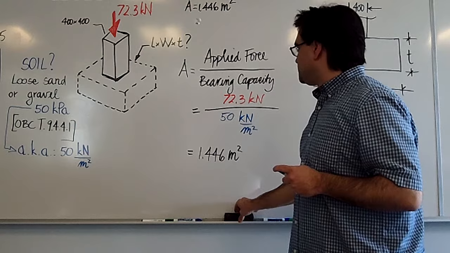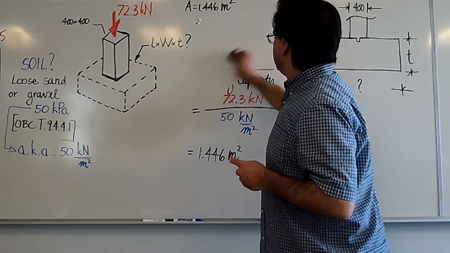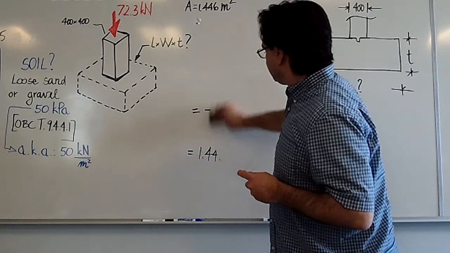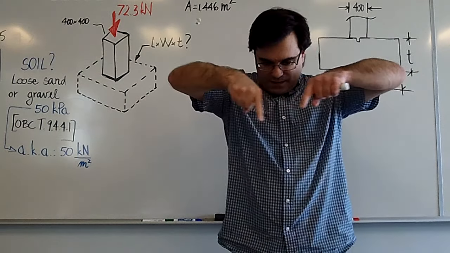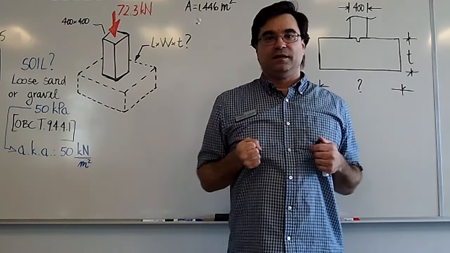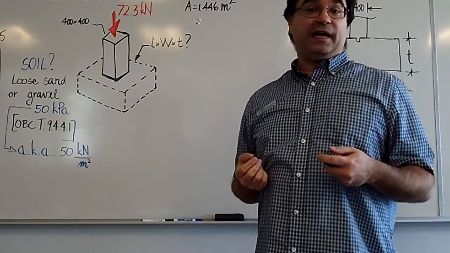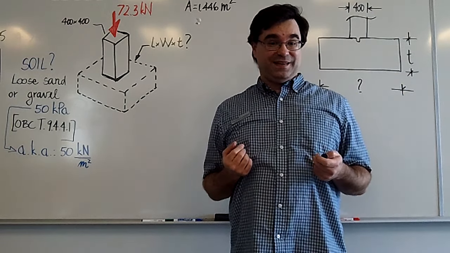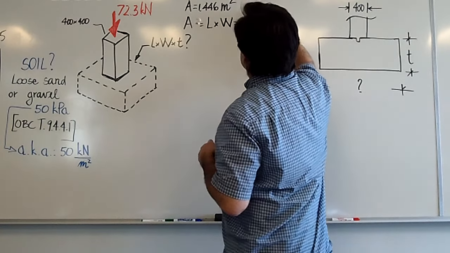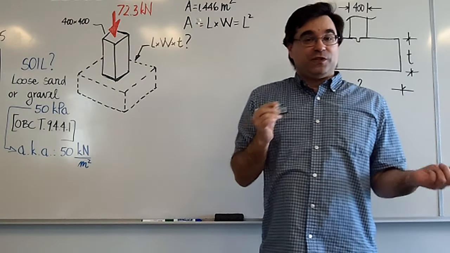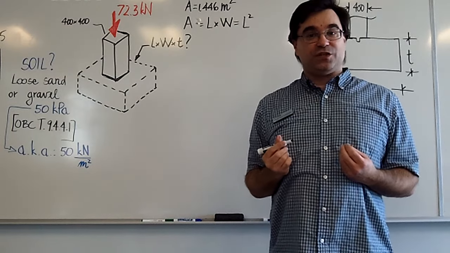Let me make up some space here. So now that we know the area of our pad, if we assume that that pad is a square, say, we remember that the area of a square is length times width, or length squared, right? Because in a square, both the length and the width have the same dimension.